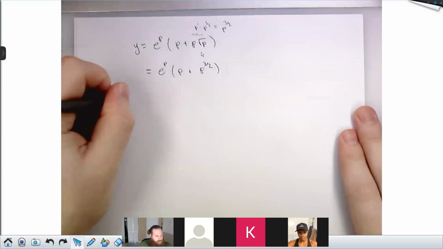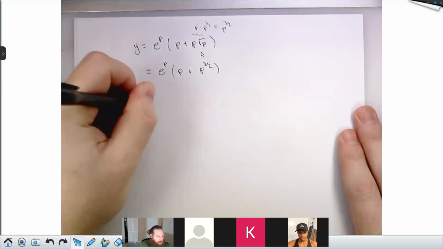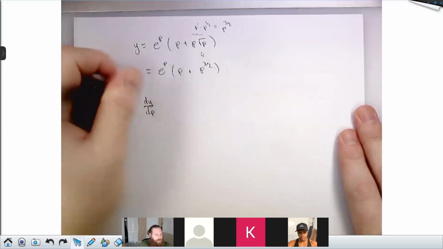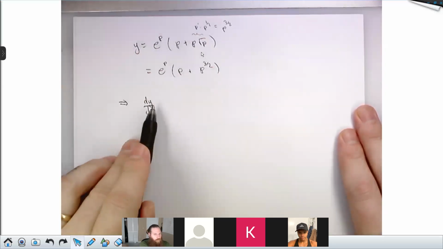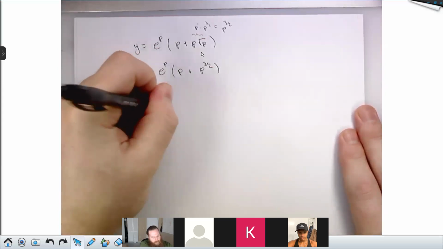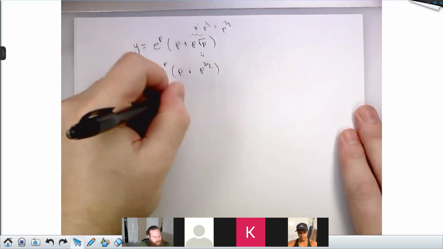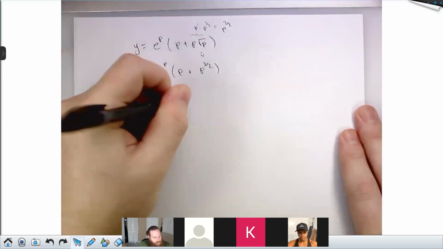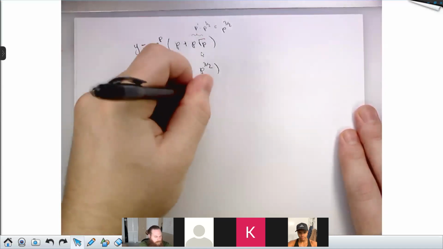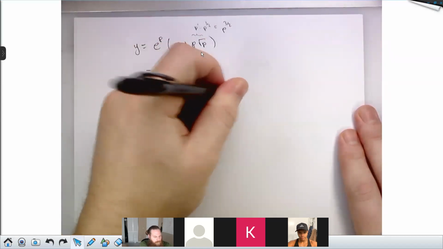So this means if I want to take the derivative, which would be in this case dy dp, I'm differentiating y with respect to the variable p, then I would need to apply the operator d dp to this stuff, e to the p times p plus p to the 3/2.